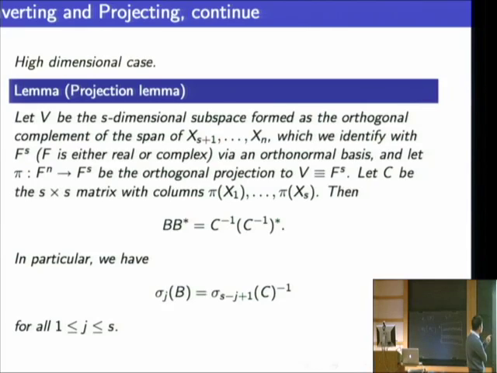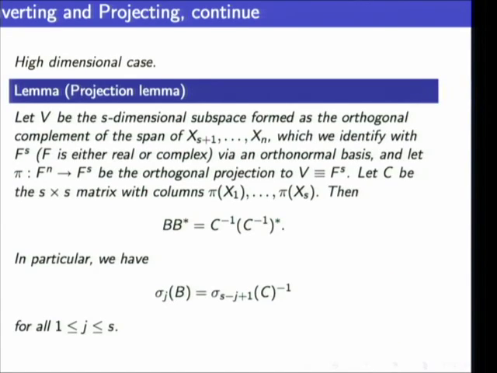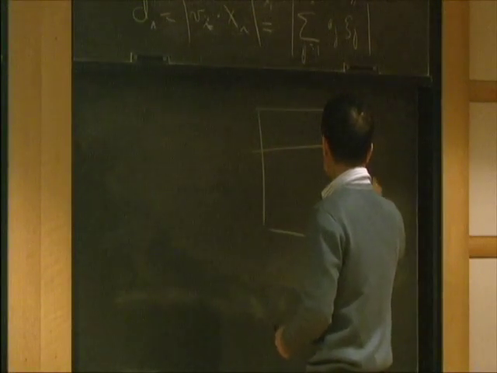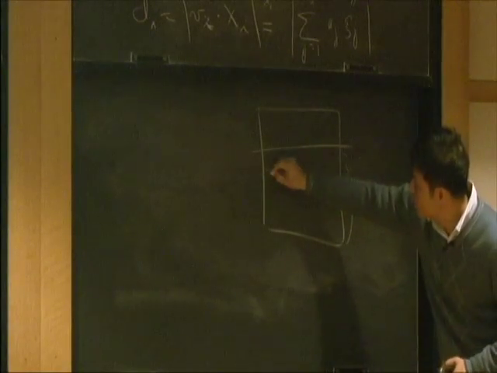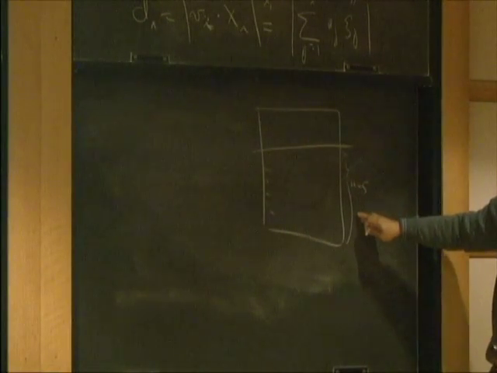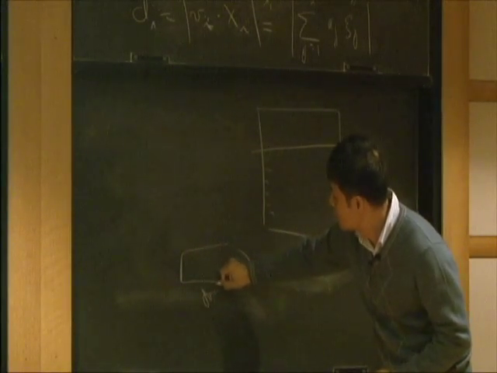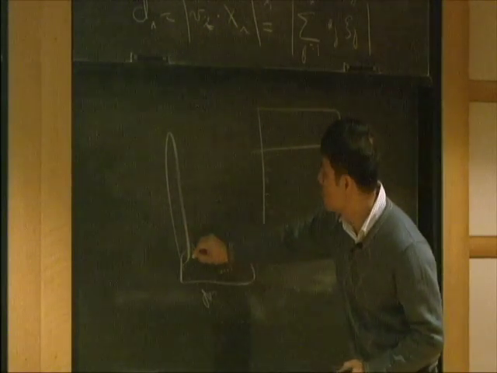It says that if you take an S-dimensional subspace, which is the orthogonal complement of the span of, say, n minus s columns. So you take your big matrix here. You have n minus s columns. These columns will form an n minus s subspace somewhere, and now you take the orthogonal complement of this.